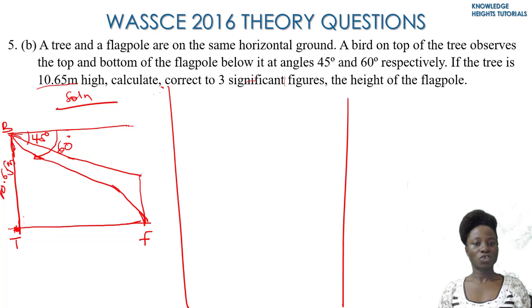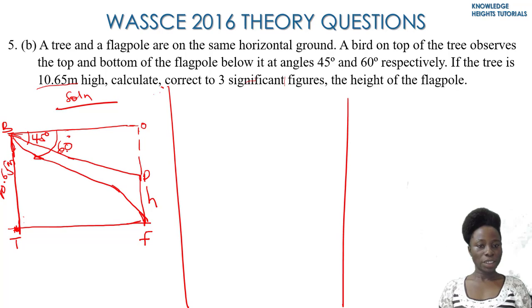And let's try and close the figure up. We have been asked to find the height of the flagpole. So this is what we are looking for, from here to here. So let's assume that this is P and this is O. So we are finding the height, which is PF.